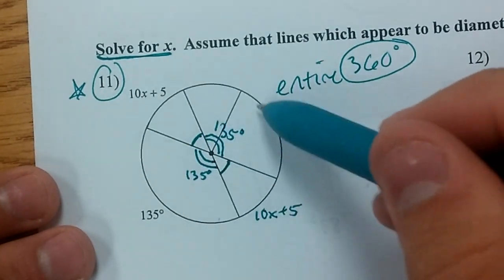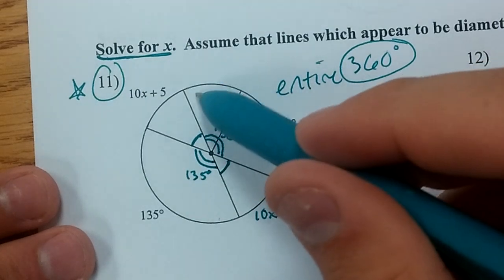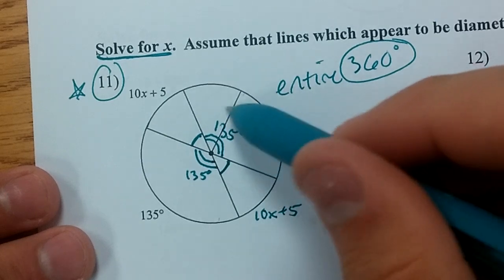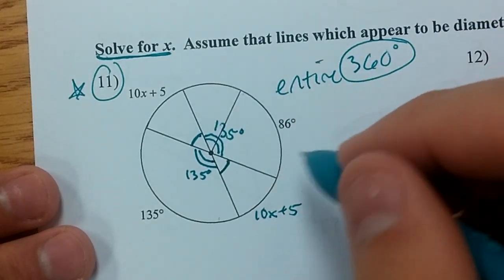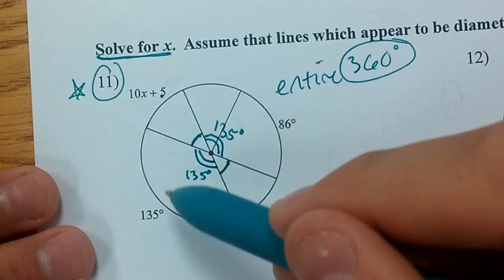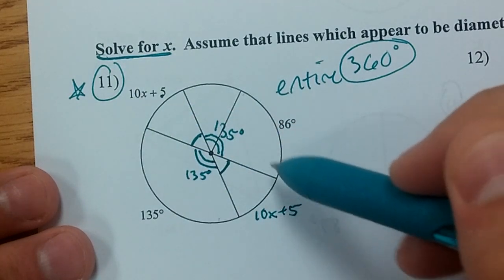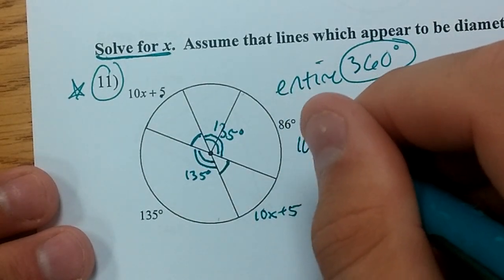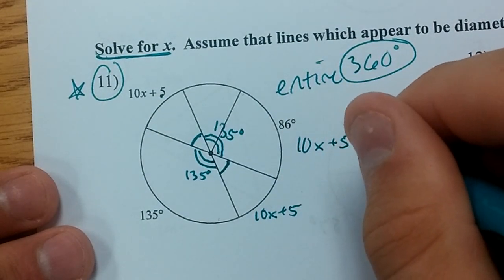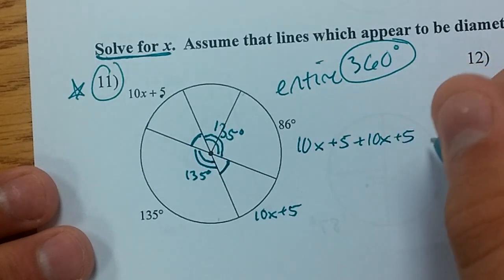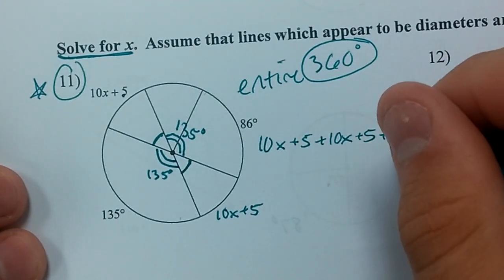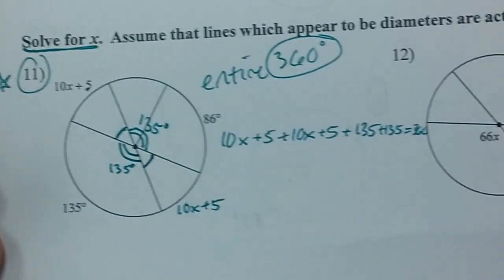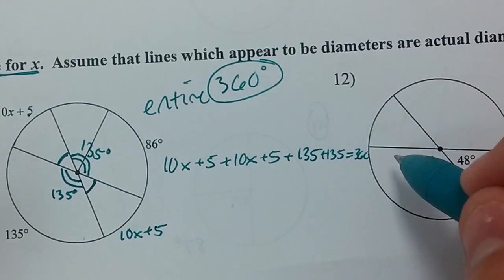So I know that this piece here is given to you, 86, but since we know the entire larger piece made of these two smaller pieces, this number is a little bit more important because I can set up the equation now: 10x plus 5 plus 135 plus 10x plus 5 plus 135 is all going to add up to 360. So your equation should look like that.